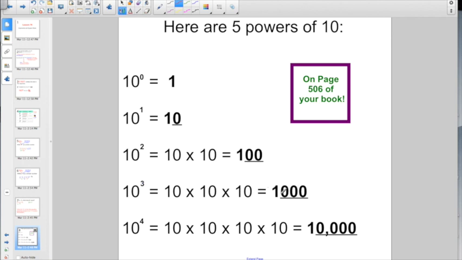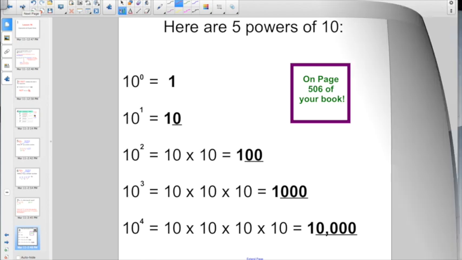There's 3 zeros in 1,000. And 10 to the 4th power, well, there's 4 zeros in 10,000, right? All of the powers of 10 are on page 506 of your book, and you're going to see why we need that in 1 second here.